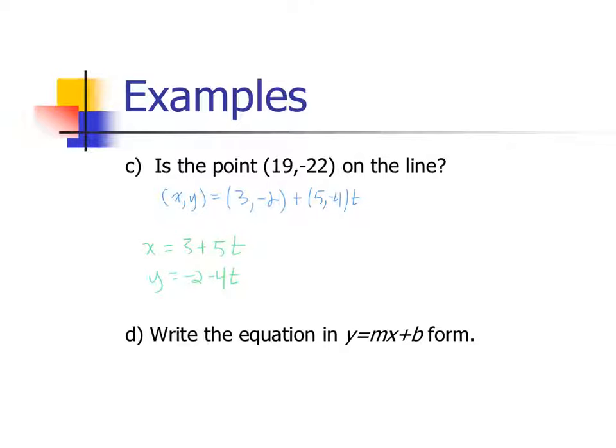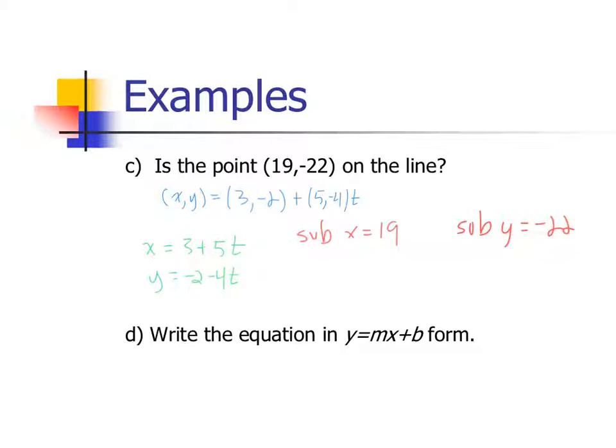Now we can plug (19, -22) into those equations and see if we get the same t value. Because if we get the same t value, then we know that if we put that t value into the vector equation, we're going to get to that point, which means it's on the line. So let's sub into both of them: x is 19, and y is negative 22.